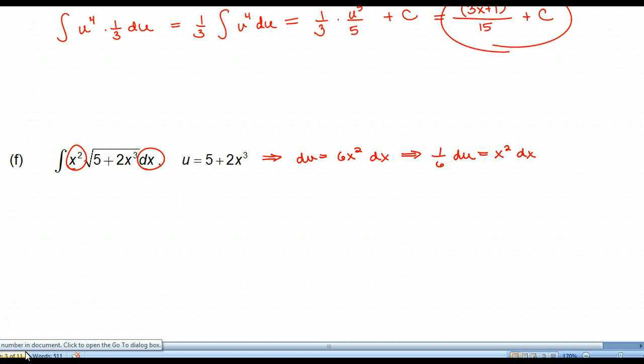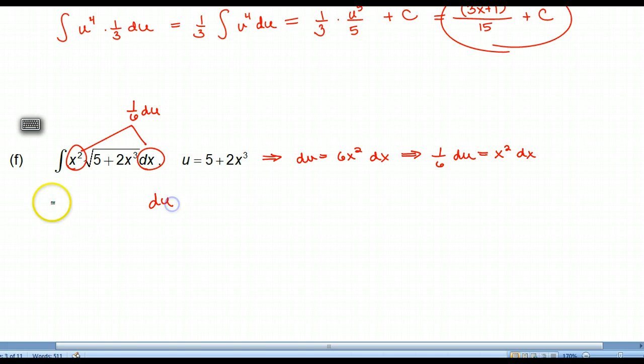Do we understand that? Questions about that? So what do you do with the x squared dx? Well, this is equal to du, basically. So these two are 1/6 du. I'll put my du here and my 1/6 out in front. Then I have the integral of u to the 1/2.